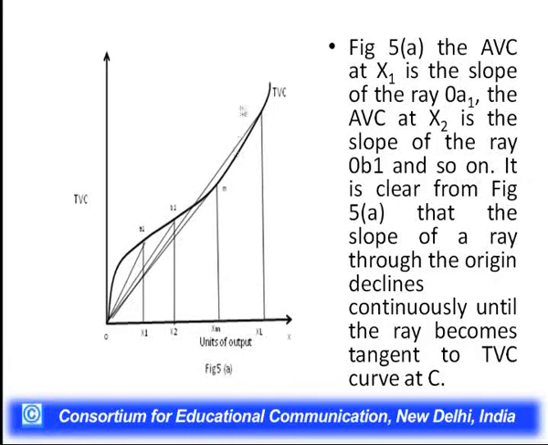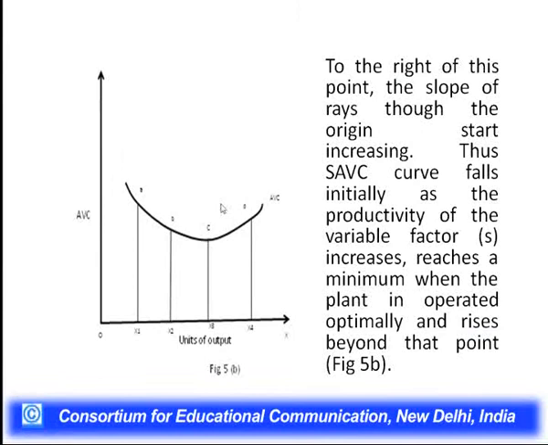After that, the slope of this line passing through the origin and meeting TVC at that point goes on increasing. And so we will get AVC as U shape. It is declining up to point C, and after that it has started increasing.